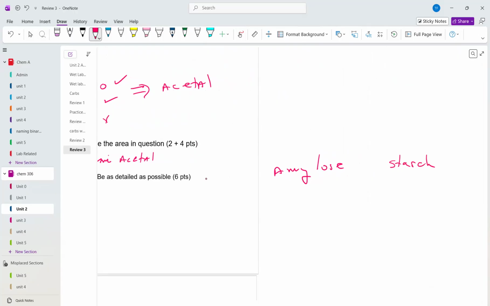We had amylopectin, which is a branched starch. Then we had glycogen.